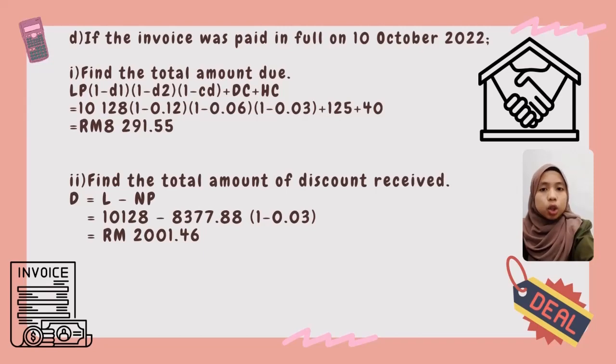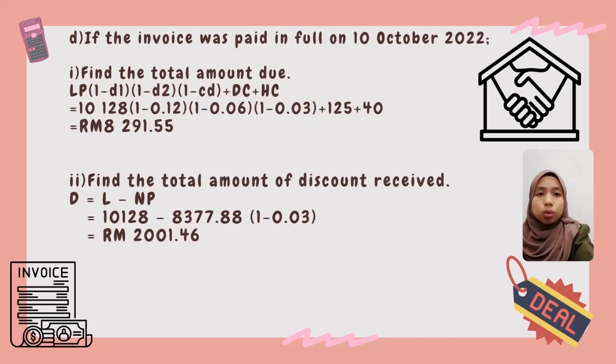For question 2D: if the invoice was paid in full on 10 October 2022, find the total amount due. We must find the total amount using this formula: LP equals L(1 minus d1)(1 minus d2)(1 minus cash discount) plus delivery charges plus handling charges. Just substitute the information given into the formula.